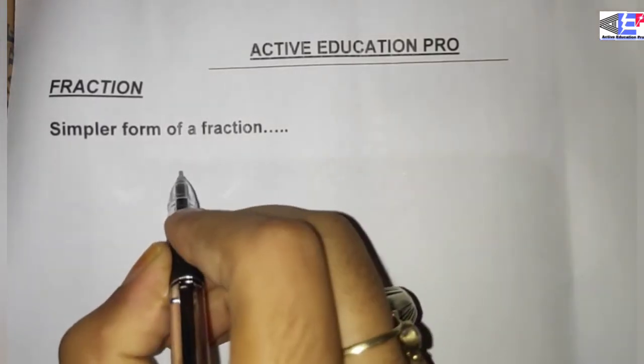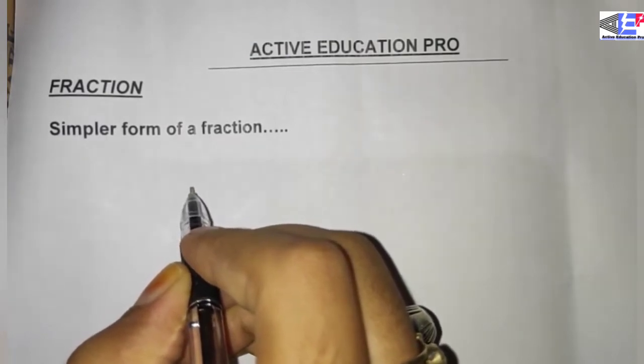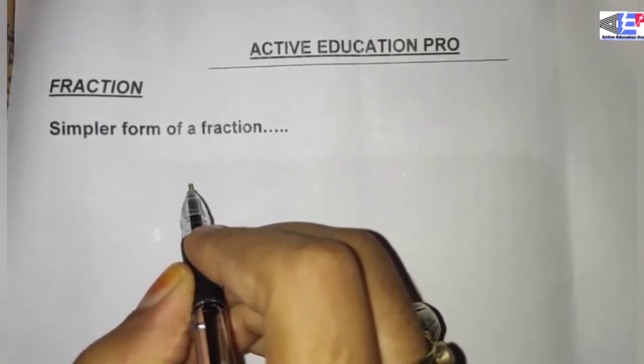What is simpler form? In my last video we learned how to find the equivalent fraction of a given fraction. I repeat this because the simpler form of a fraction is the opposite of the equivalent fraction.